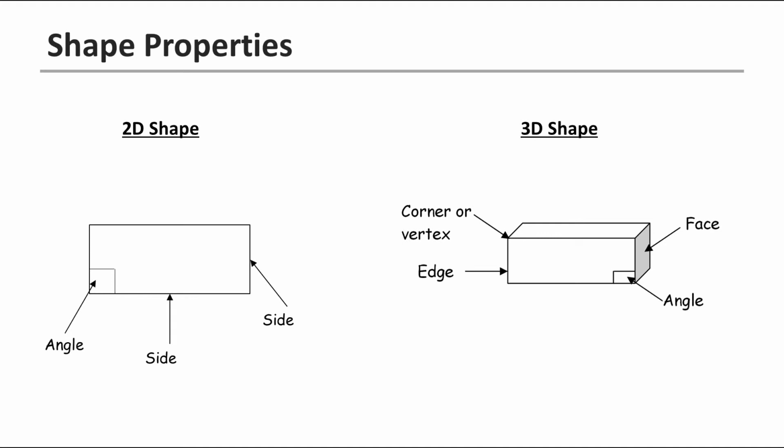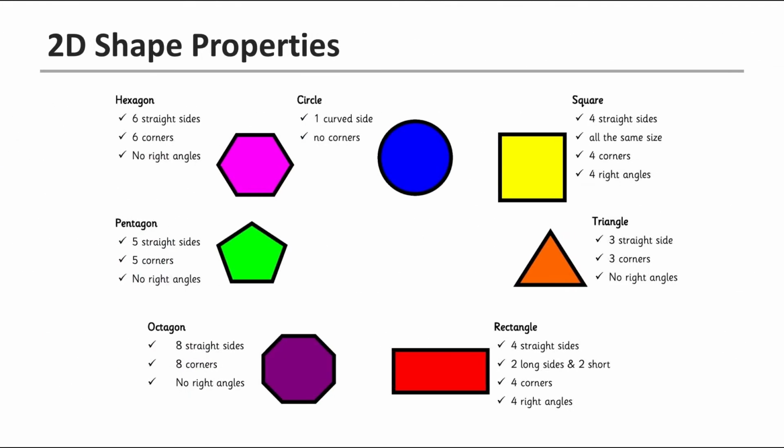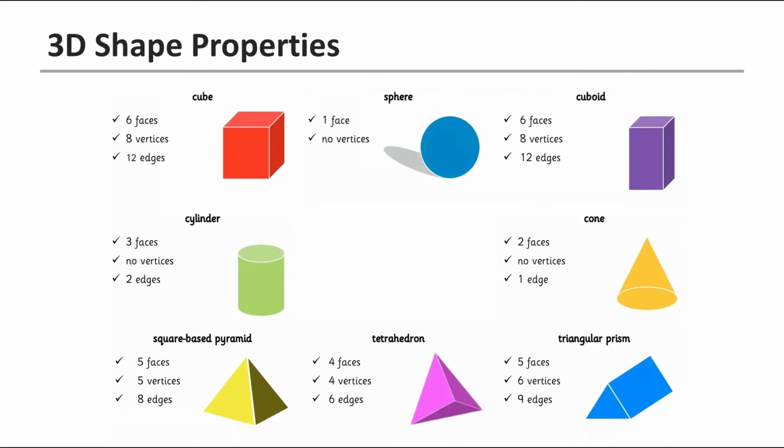Besides, you can also add symmetry to the properties of both types of shapes. Here you can see properties of some basic 2D shapes we use frequently. Similarly, here you can find properties of some 3D shapes that we use frequently.